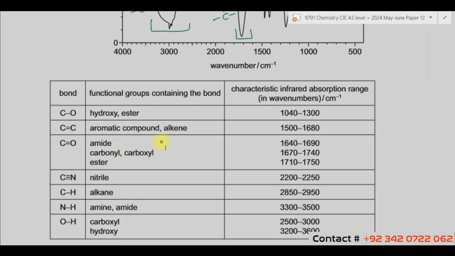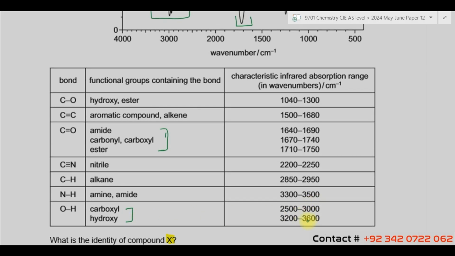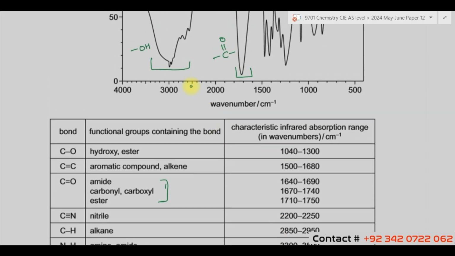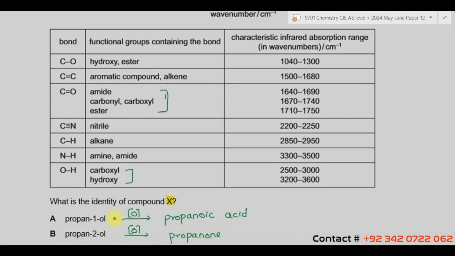So it could be any one of these. Could be amide, carbonyl, carboxyl, or ester. And OH 2500 to 3000 and 3200 to 3600. It could be carboxyl or hydroxy.